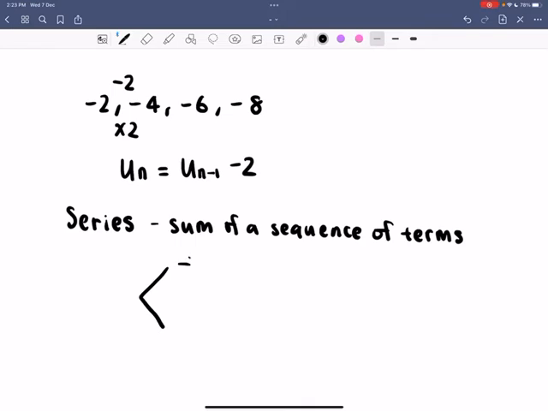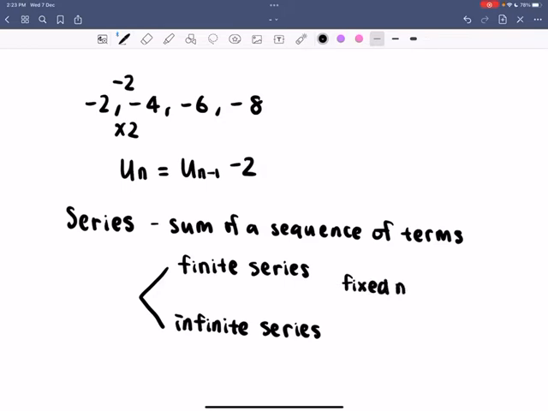So you have what we call a finite series, and you'll have an infinite series. And the only difference is that a finite series will be adding a fixed number of terms, whereas an infinite series will have an infinite number of terms added together.